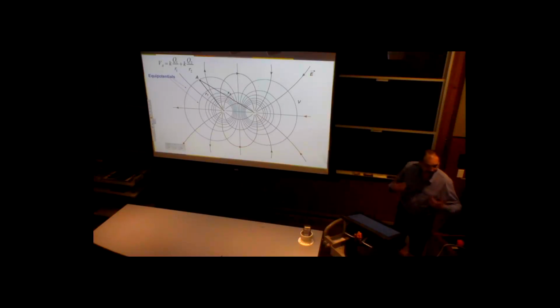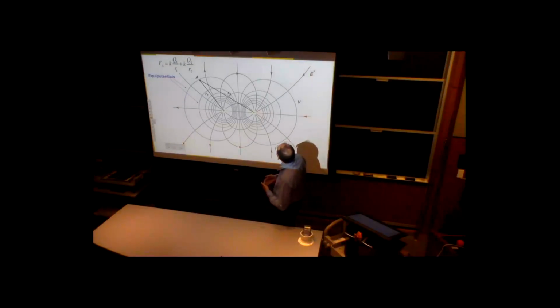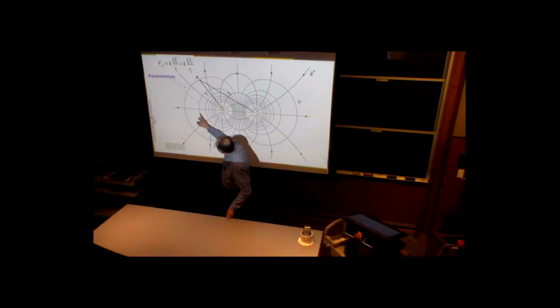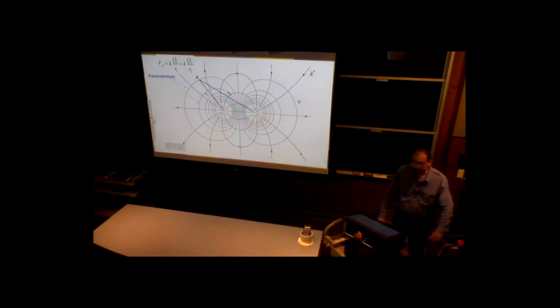Red lines we've seen before, same old electric field lines. And blue lines here represent locations with the same potential. Potential here is different from potential here, of course. When we move away, potential changes. Actually, from high to low, in the direction of electric field, potential decreases. But from here to here to here, electric potential will be the same for a dipole. Any questions? Yes?